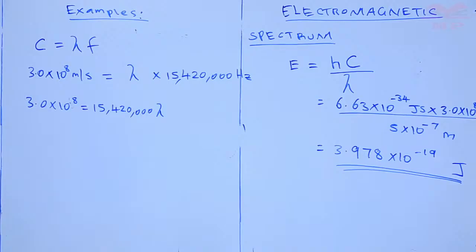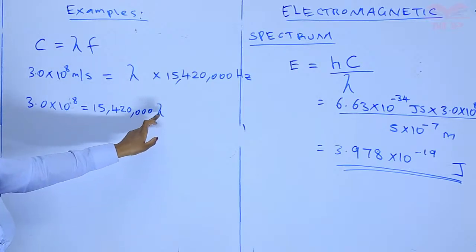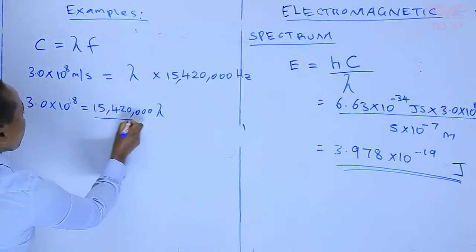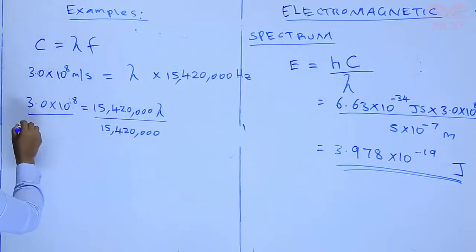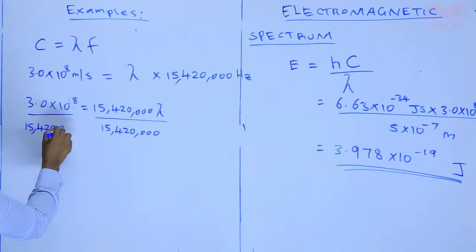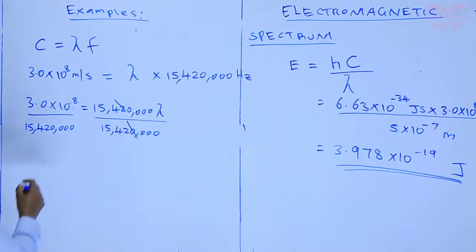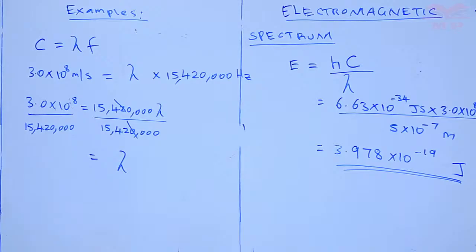We want to get the value of lambda, and therefore we can divide both sides by 15,420,000. Of course this and this will be 1, so it cancels. So we remain with this. So our lambda will be 3 times 10 power 8 divided by 15,420,000.